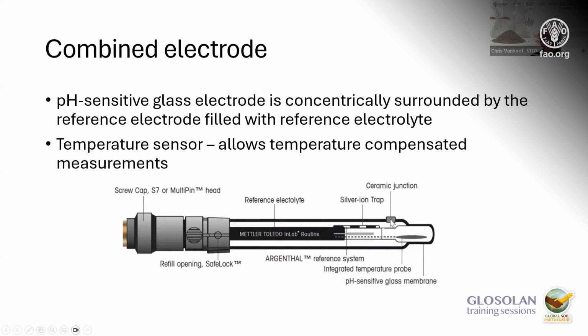Here it is described with a ceramic junction, but it can also be a sleeve junction. Most of the time a temperature probe is also integrated, because pH measurements are temperature dependent, and then you can always measure the temperature at the same time as the pH measurement. And you have the pH sensitive glass membrane. So that's the combined electrode with all the different functions.